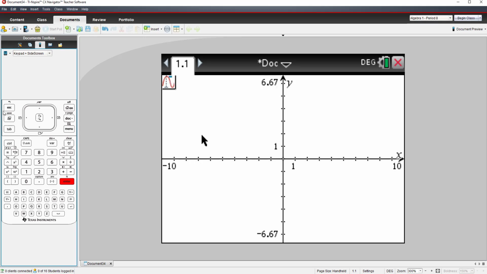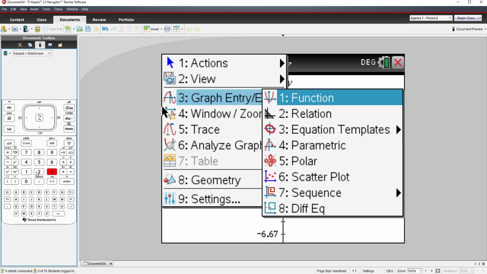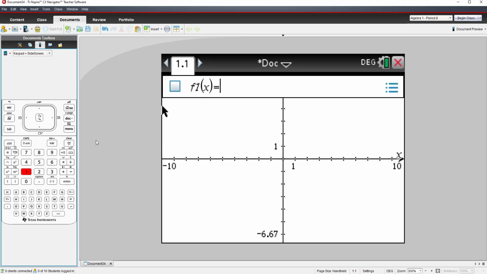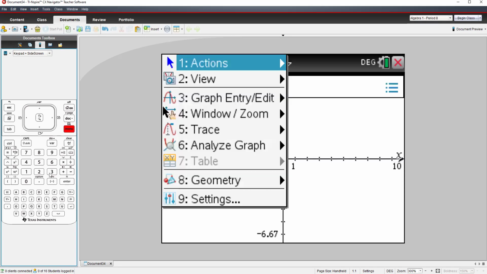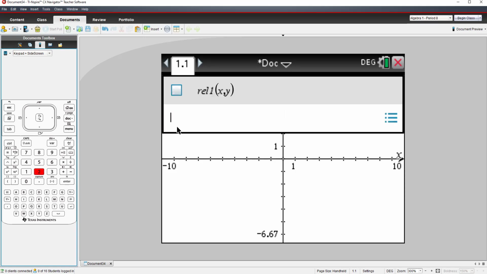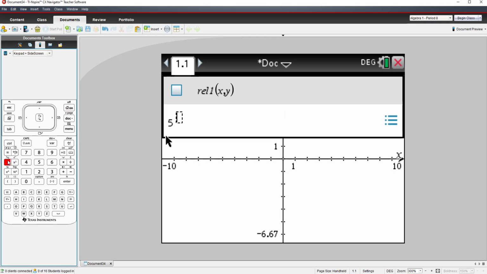So now some of you might say, well, why don't you just make it into a relation? So if I go menu 3, 2, right, and I try to type this in, instead of an A, I have to put in an X, and then plus 2B, plus 2Y.